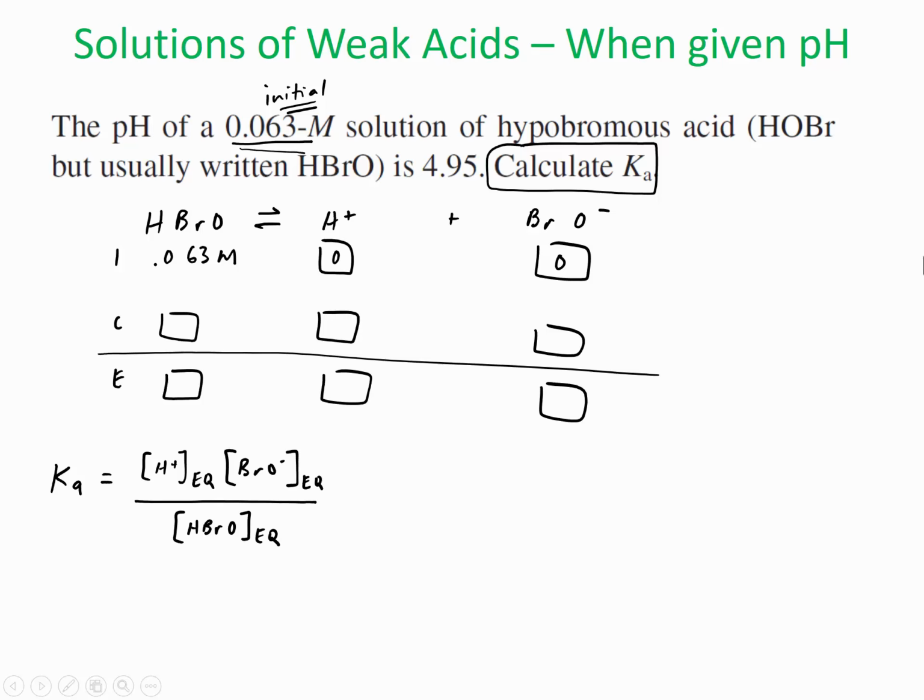If you remember, pH is the negative log of the hydronium concentration. This is actually the hydronium at equilibrium, when all this has gone to the right as much as it will. As we know, it's weak, so it won't go very much, but it does.